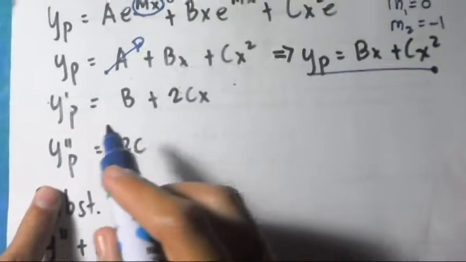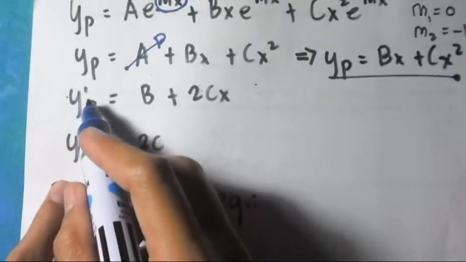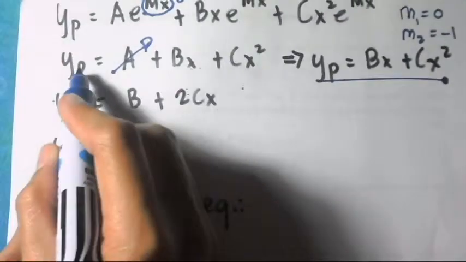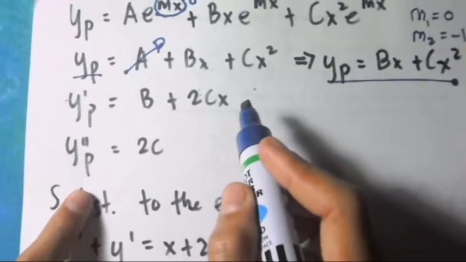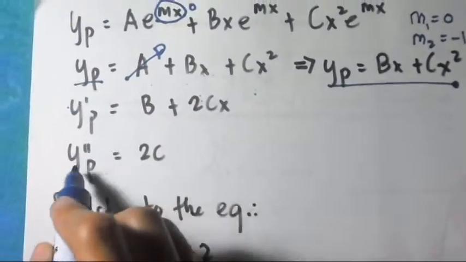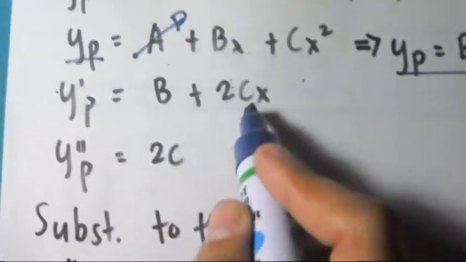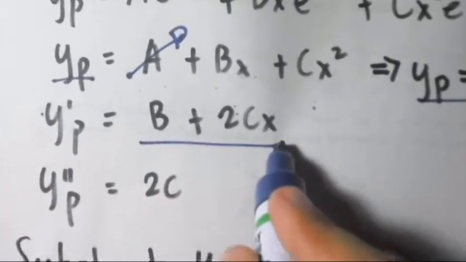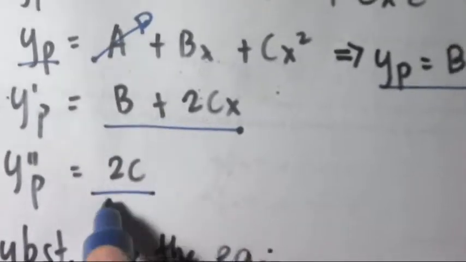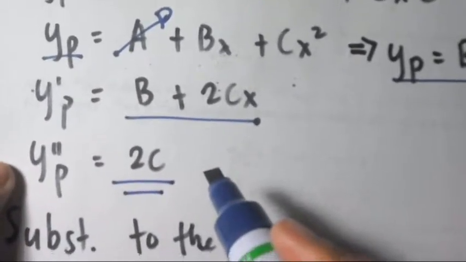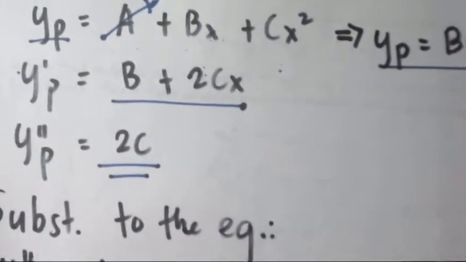Now we have the y prime of this yp. And now we get the double prime of this, which gives 2C as our final y double prime.